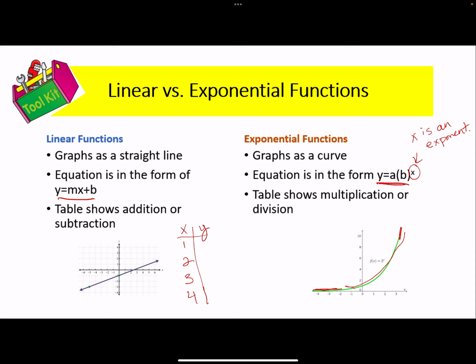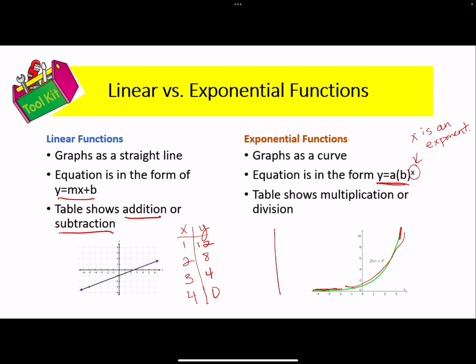If the relationship with the y value shows me an addition or subtraction type pattern, so for example, if I have like 12 and then 8 and then 4 and then 0, what's the pattern? In those y values, I'm subtracting 4 every time. So if the pattern is that I'm adding or subtracting by the same number every time, that tells me we have a linear function. And this is really going to help us out when we talk about our application problems today.